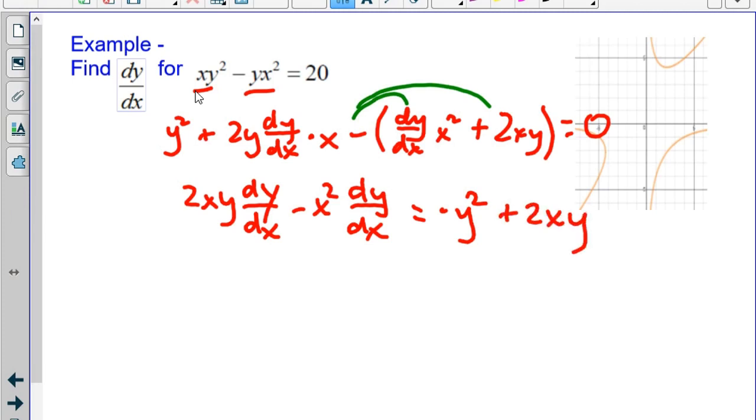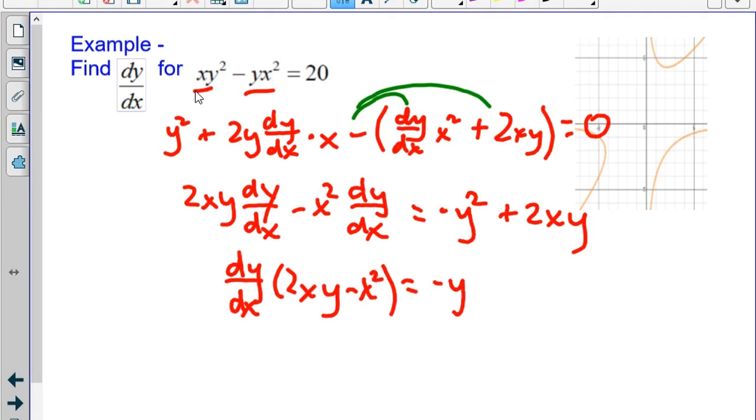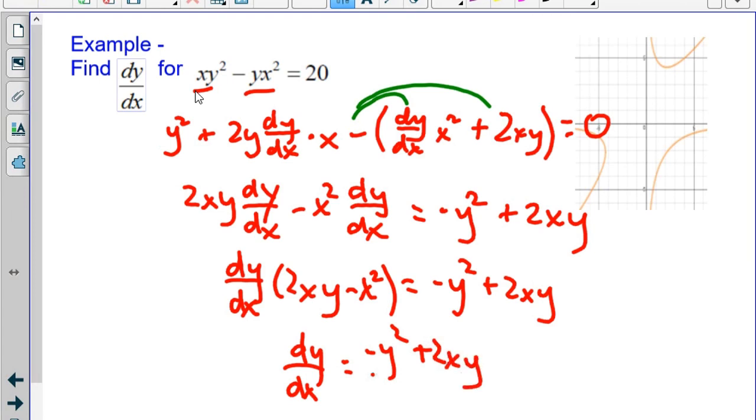Now I will finally factor out a dy/dx from 2xy minus x squared. And my final answer will be negative y squared plus 2xy over 2xy minus x squared.